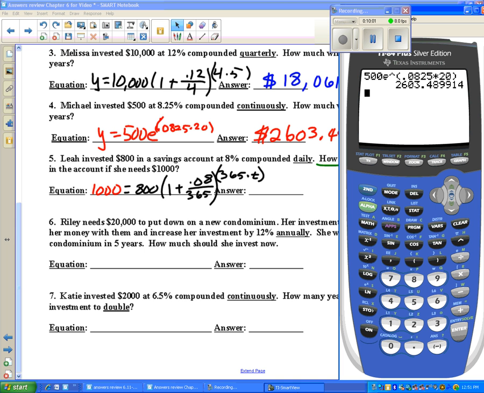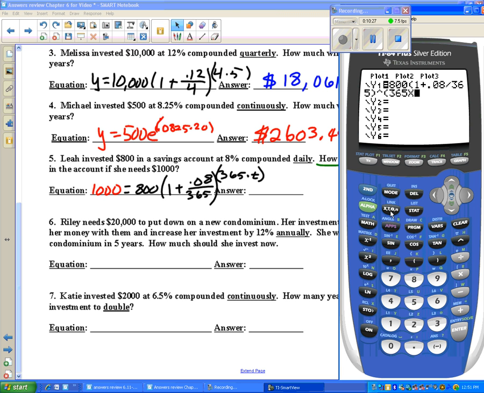So I pull up my handy dandy calculator. Since I have a starting amount and an ending amount, I'm going to go to my Y1, plug in my first equation, 800 times 1 plus 0.08 divided by 365 to the 365x.